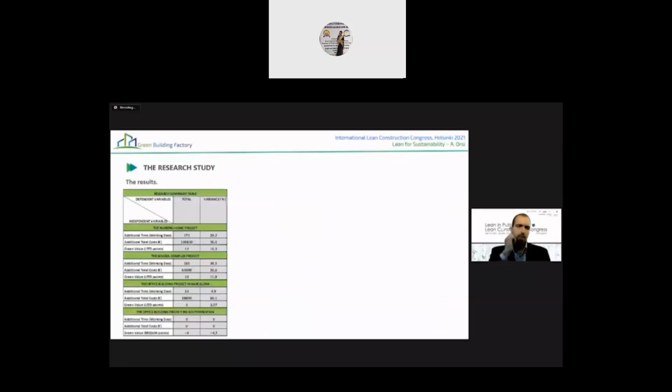So these are the results. It's a very short table. But basically, the results in terms of waste were specified as extra costs, so added costs to the original budget in order to pursue the green construction features, delays or extra time implemented for the same purpose, and loss of green construction features.